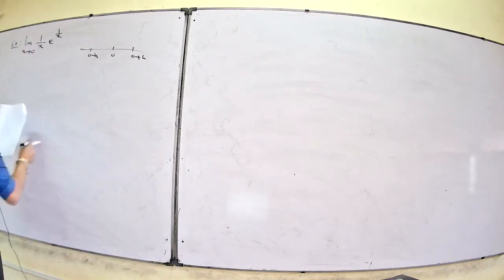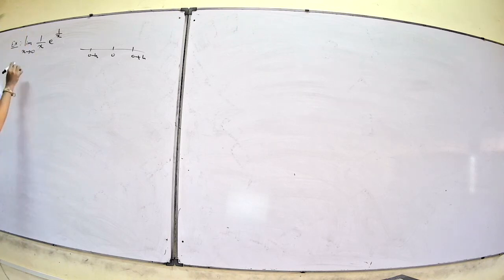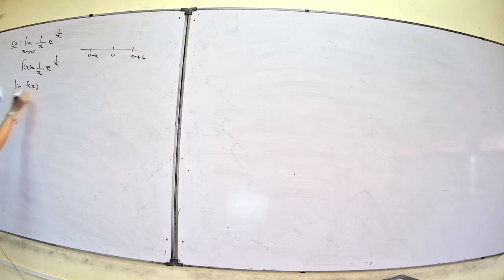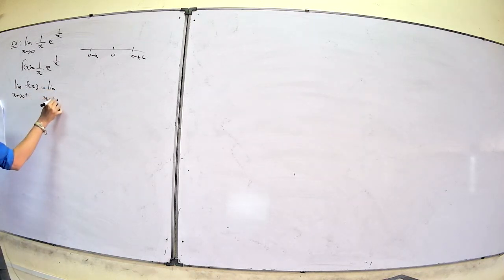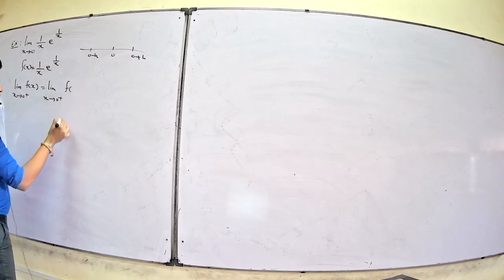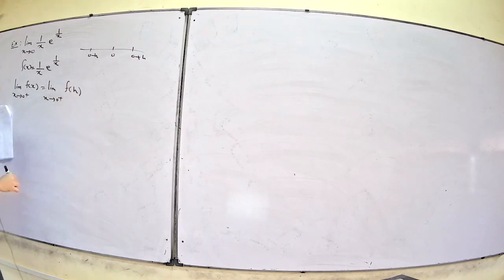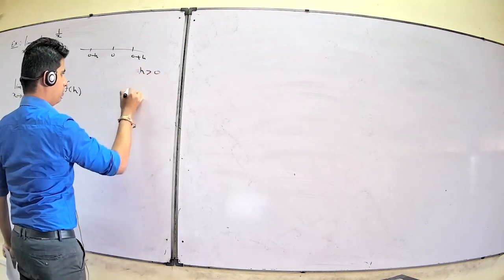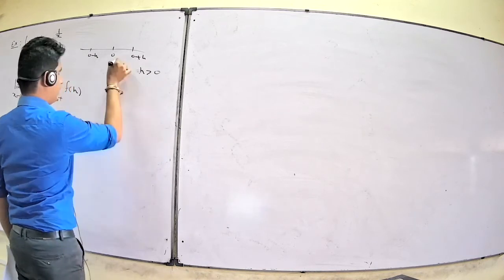Okay, for this question, you want to find the left limit and right limit, and examine whether the limit exists or not. Your f of x is equal to 1 over x e power 1 over x. Therefore, the limit of f of x as x tends to 0 plus means the right limit. You put f of h, because h greater than 0 is a right limit.